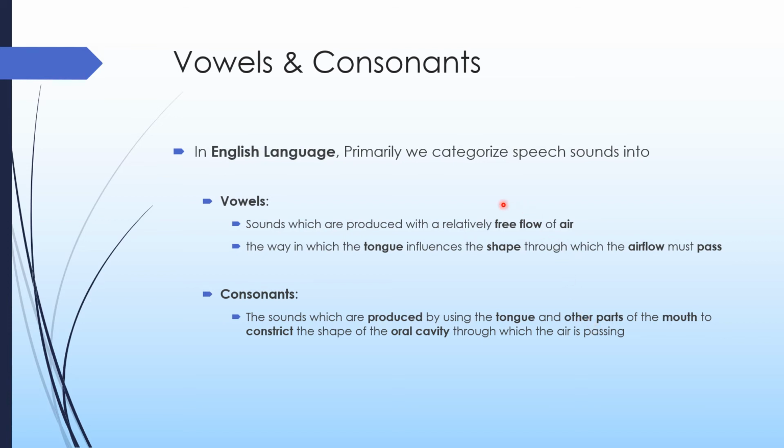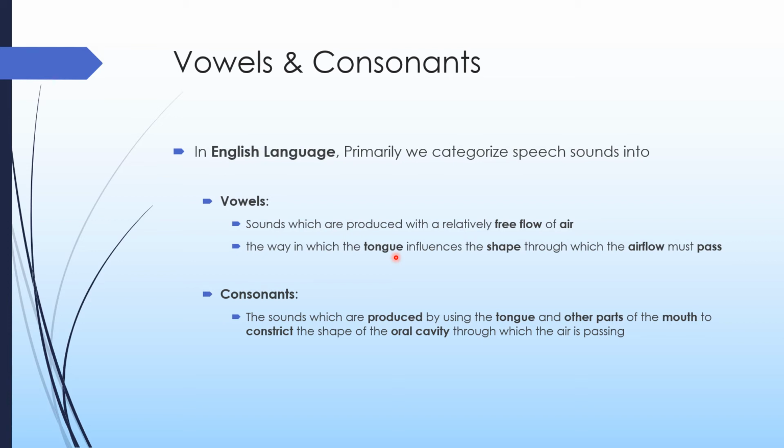But producing these sounds, a, e, and o, no speech organ touches another speech organ. That's why we are saying free flow of air. The way in which the tongue influences the shape through which the airflow must pass. So your tongue doesn't come to make an obstruction.